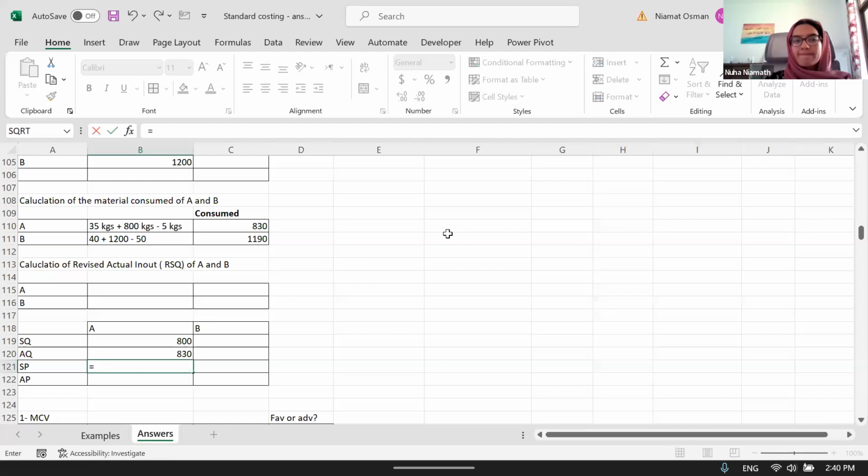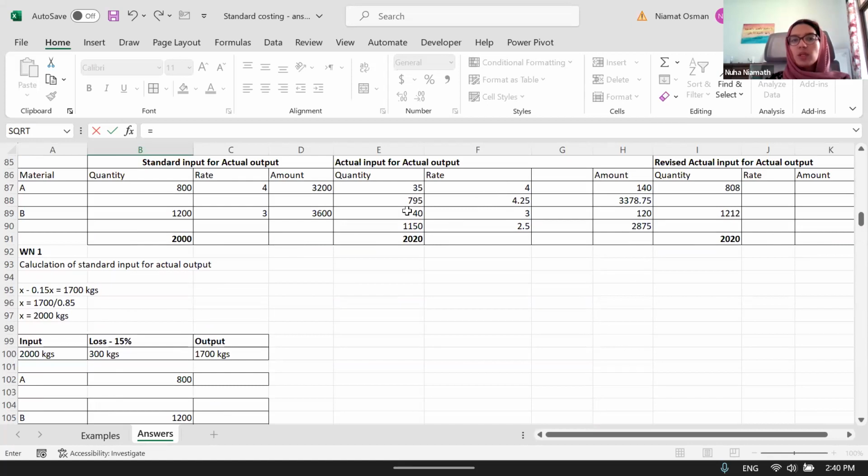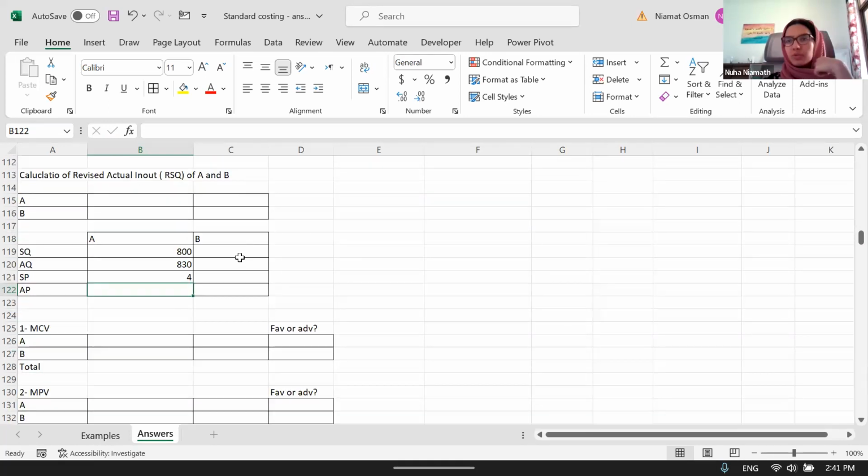SP here we have 4, and AP we have 2. We can't really mention the details here because it will get a little confusing, so let's directly proceed with the answers and do it as it goes.